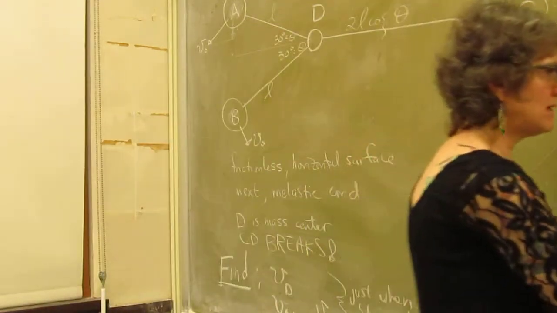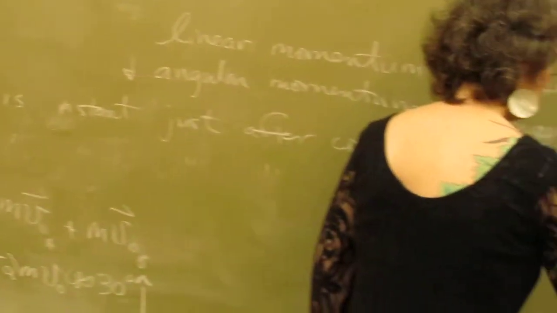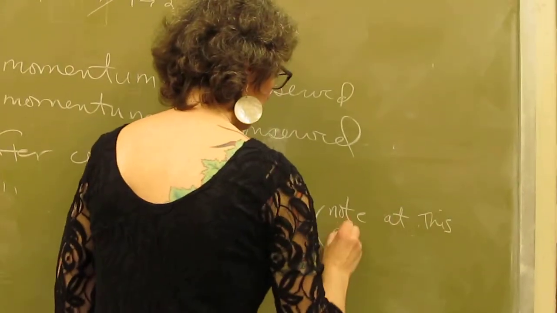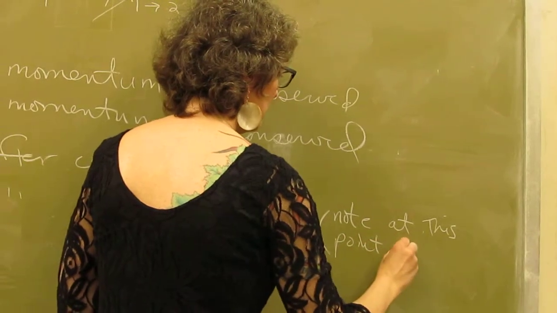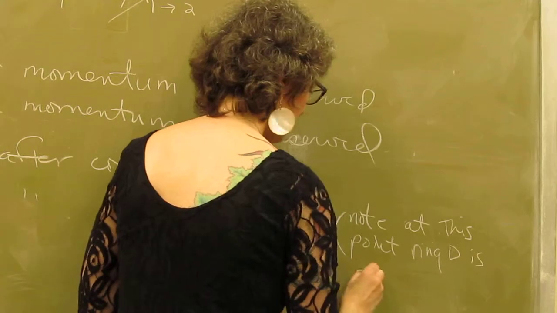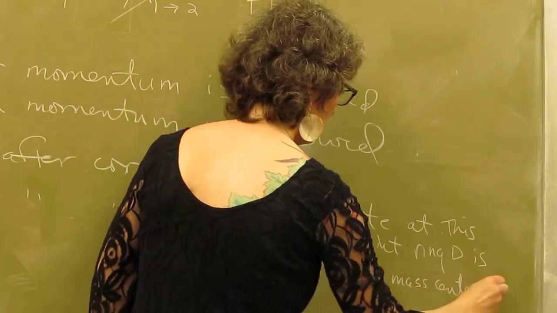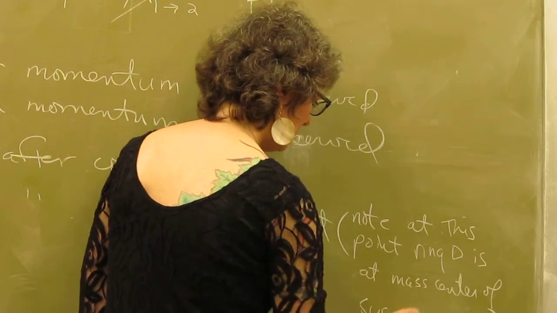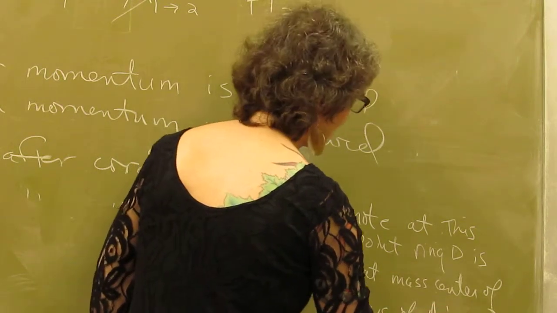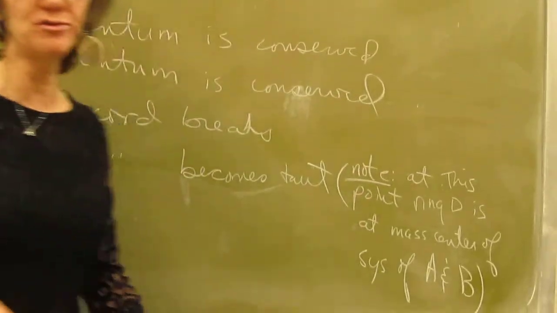So, and I'm going to make a little bit of a note. Note, at this point, because I'm going to use this idea, the ring D is at the mass center of the system of A and B. Okay, not C. C is not of concern to me anymore.